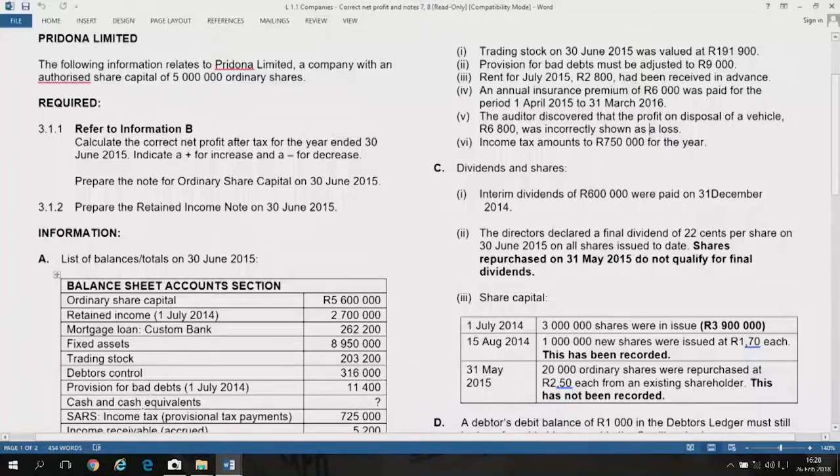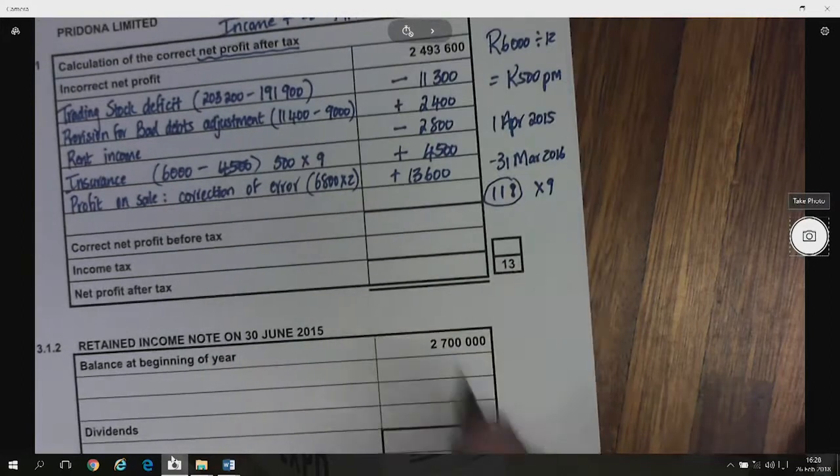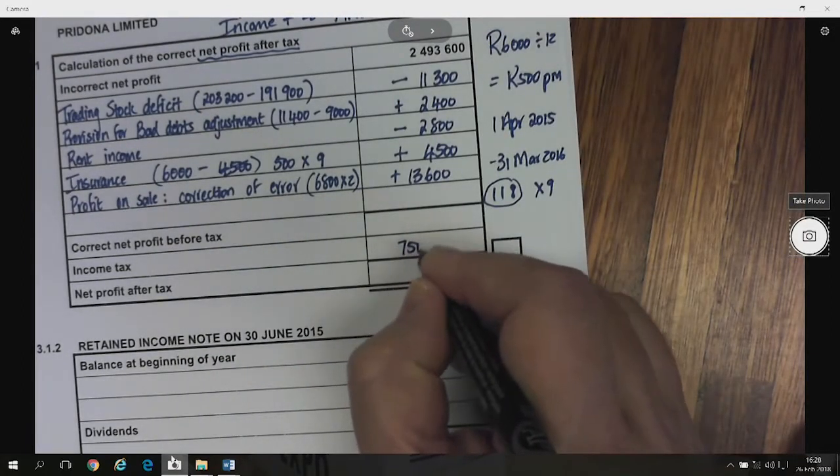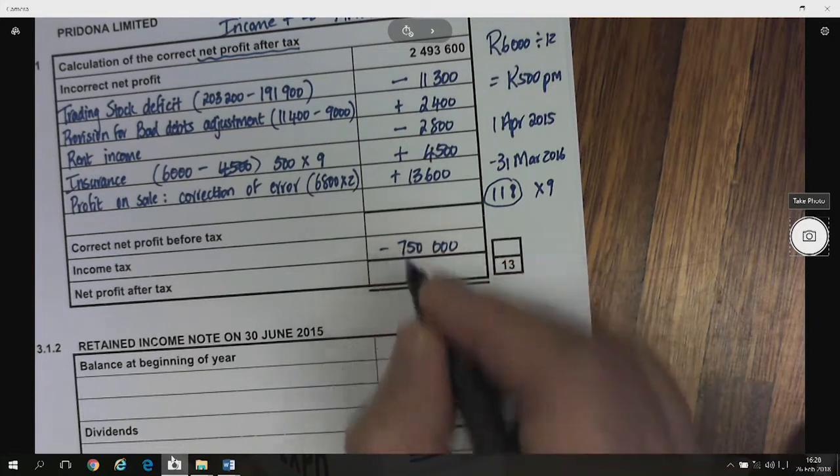The last one there is income tax amounts to 750,000 for the year, and that is your income tax. 750,000 is a minus.